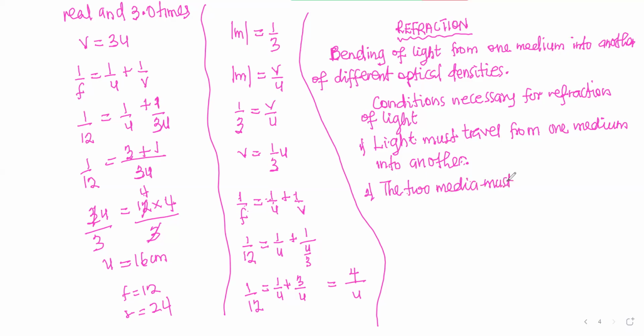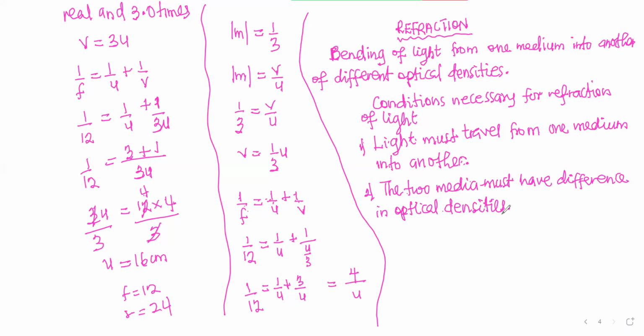And two, the two media must have a difference in optical densities, meaning the density of the two media must not be the same.